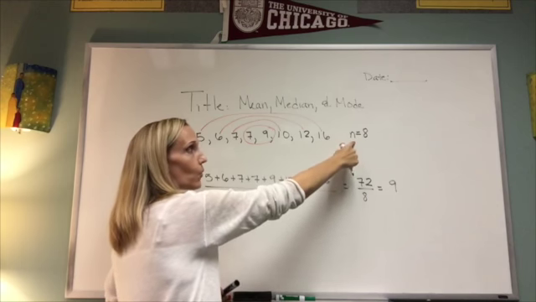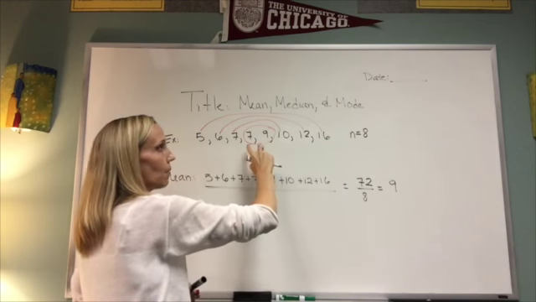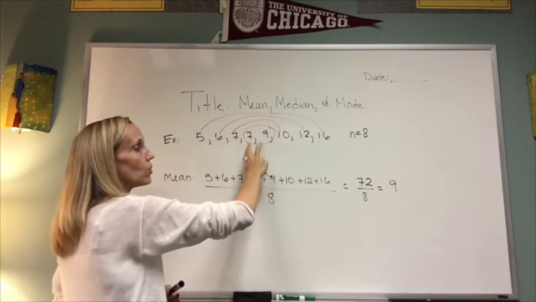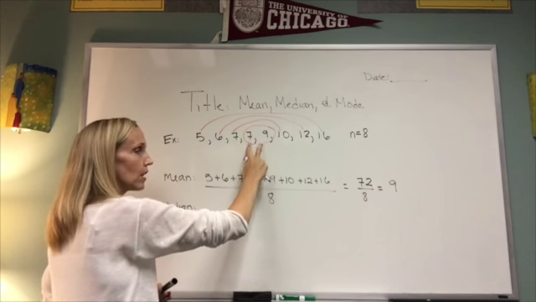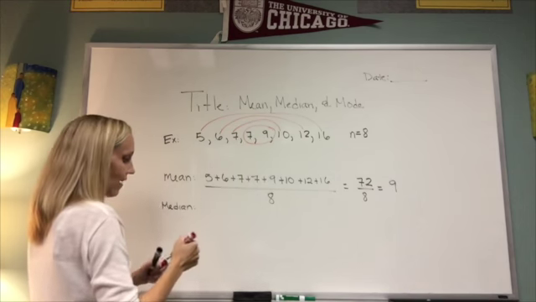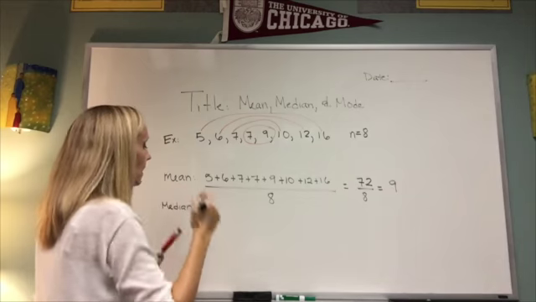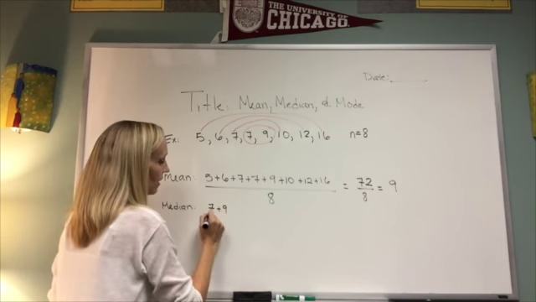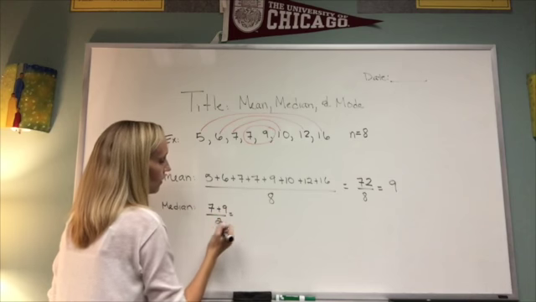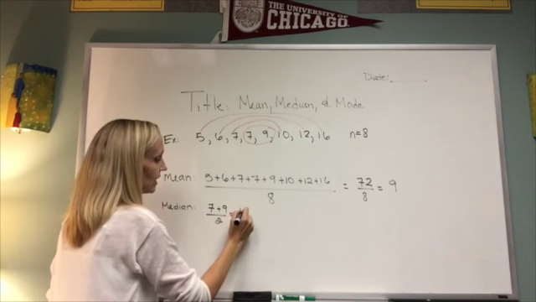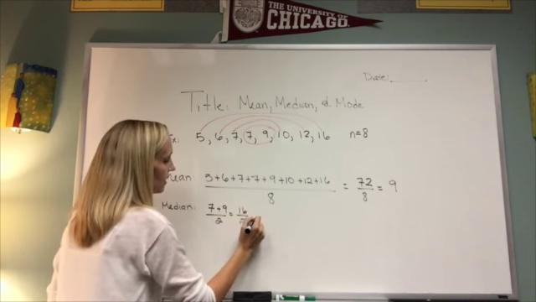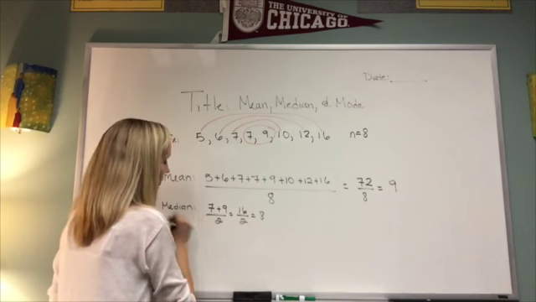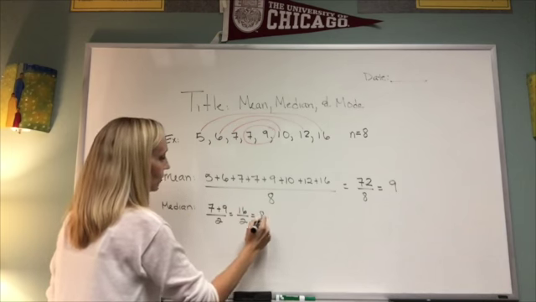So that means that we're going to have our middle numbers be 2. So when I have 2 numbers in the middle, I actually have to take the average. So for the median, I'm going to say that it's 7 plus 9 divided by 2. 7 plus 9 is 16, and 16 divided by 2 is 8. So our median equals 8.